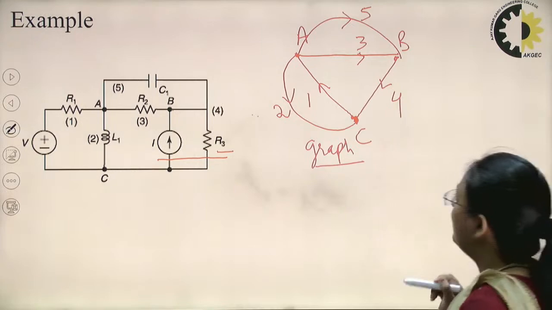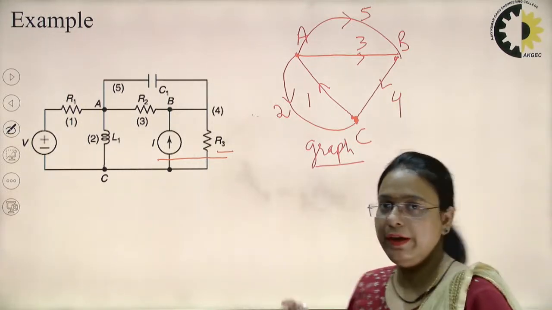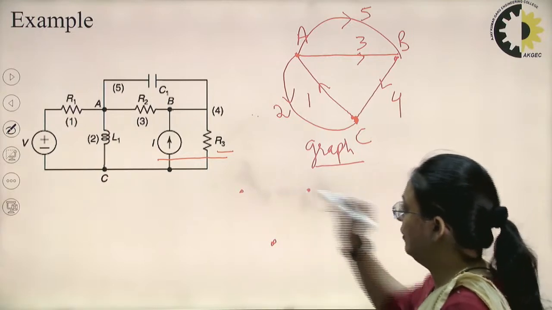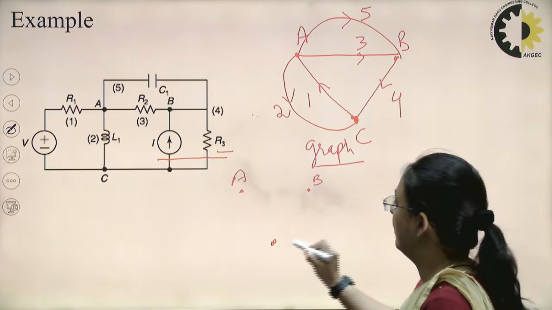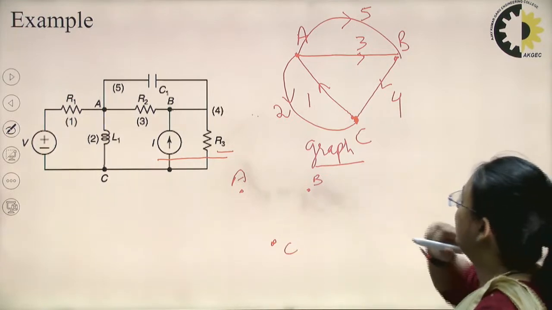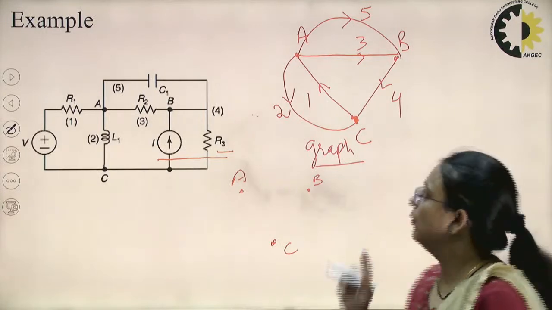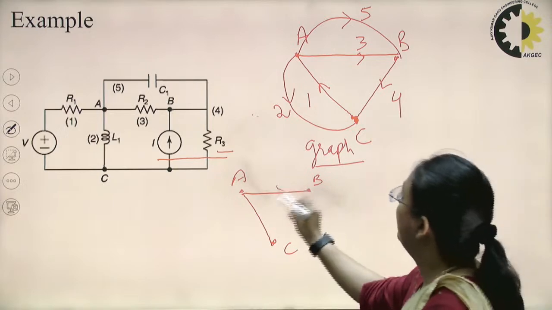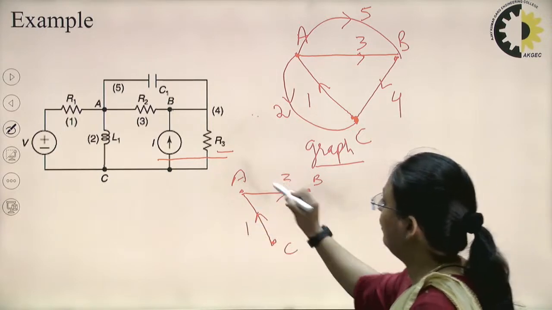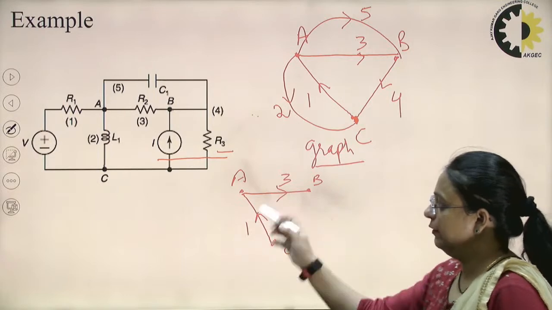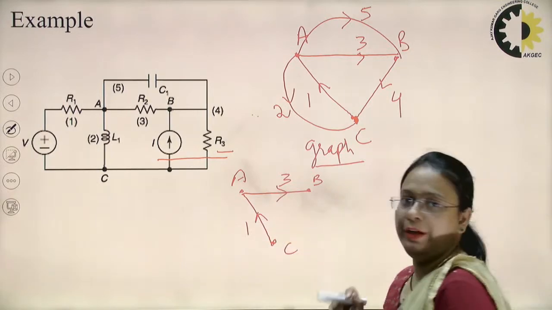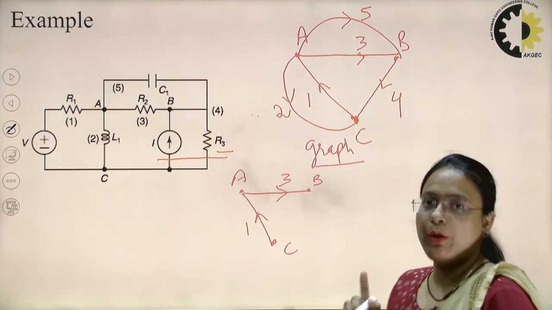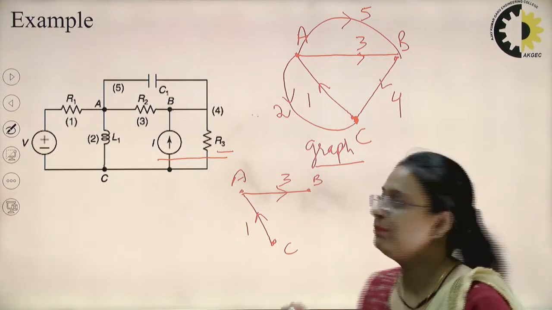A tree must contain all the nodes, so A, B, C will be the 3 nodes in all the cases, and there must not be any closed loop. So I can select branch number 1 and branch number 3, and this will be called a tree, and branches 1 and 3 will be called twigs, because branches of a tree are called twigs.